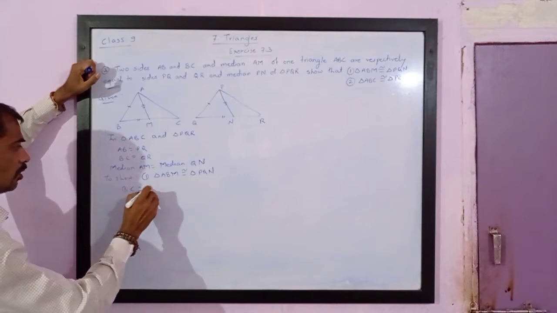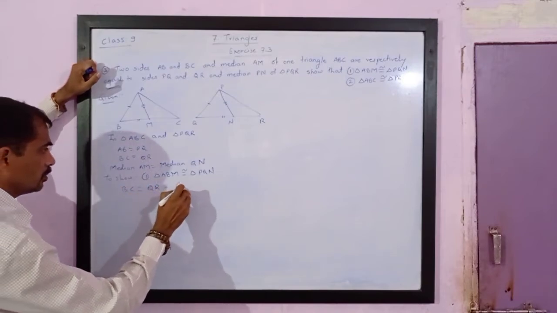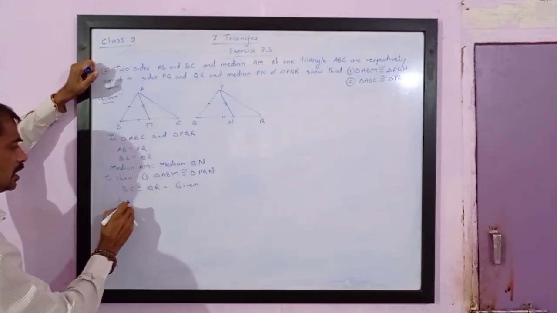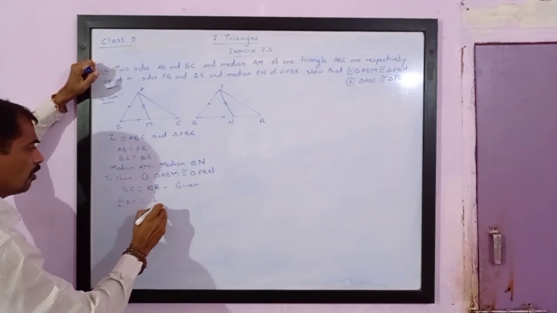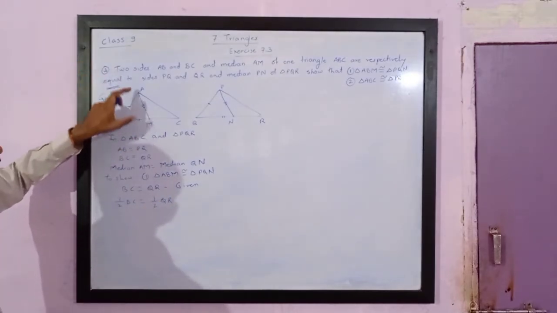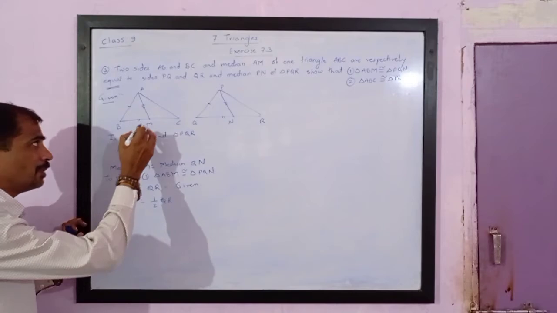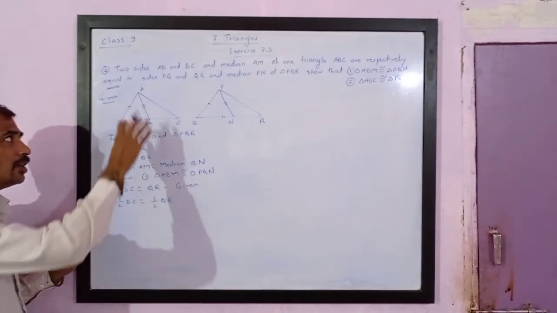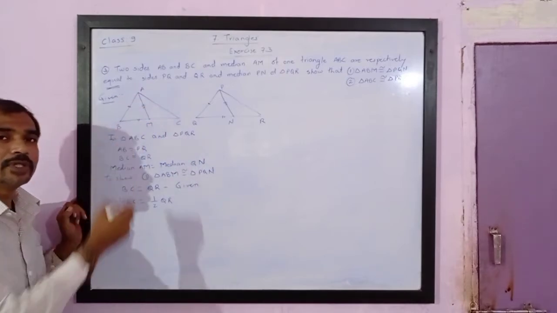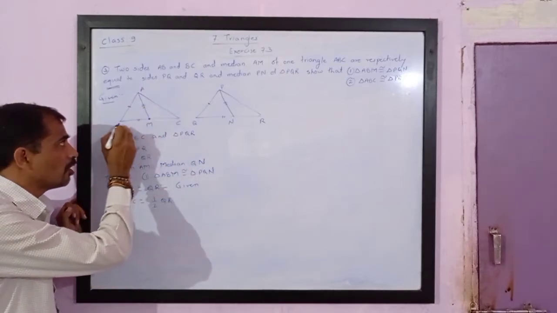This is given to us. It means half of BC will also be equal to half of QR. Please note, AM is a median. We know that a median is a segment which joins the vertex and the midpoint of the opposite side. So this M is the midpoint of side BC.